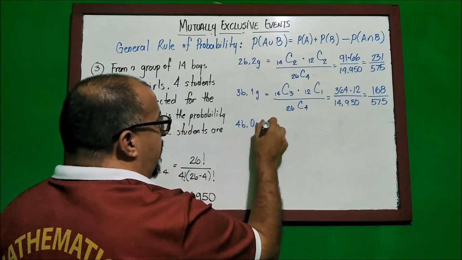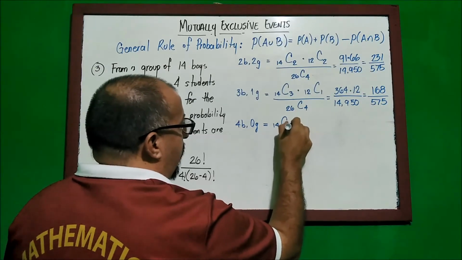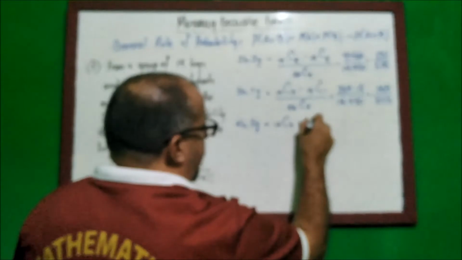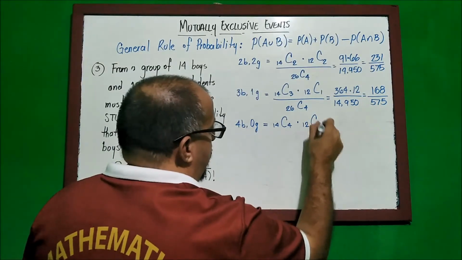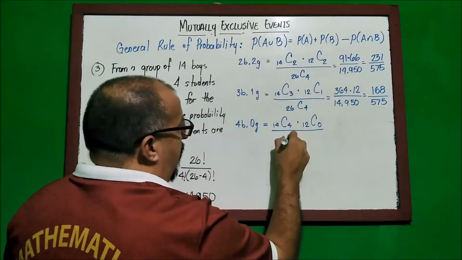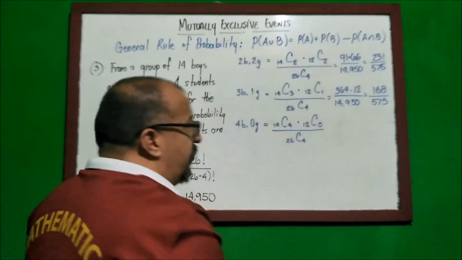We have the last element, which is going to be 14 combination 4. That means the 4 of them are boys. Times 12 combination 0. That means choosing none of the girls. And this divided by the sample space, which is 26 combination 4.